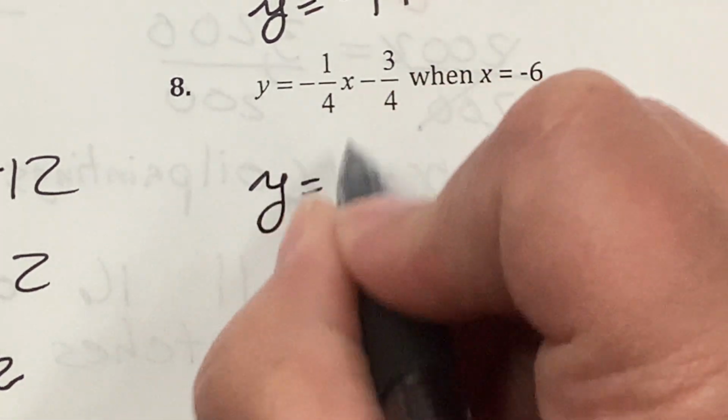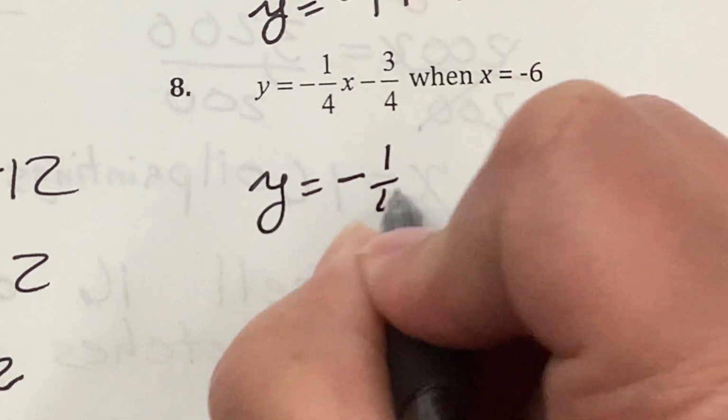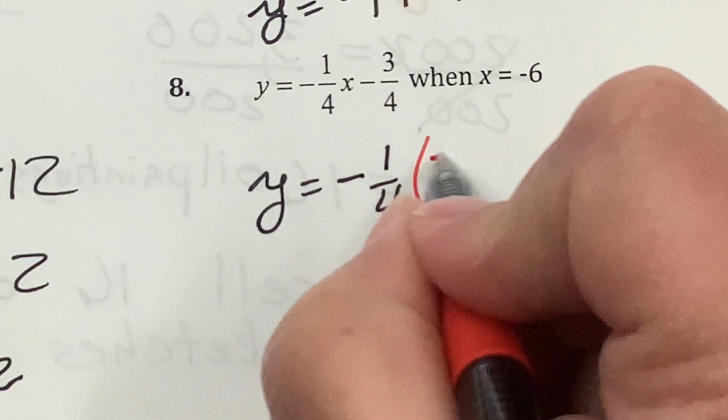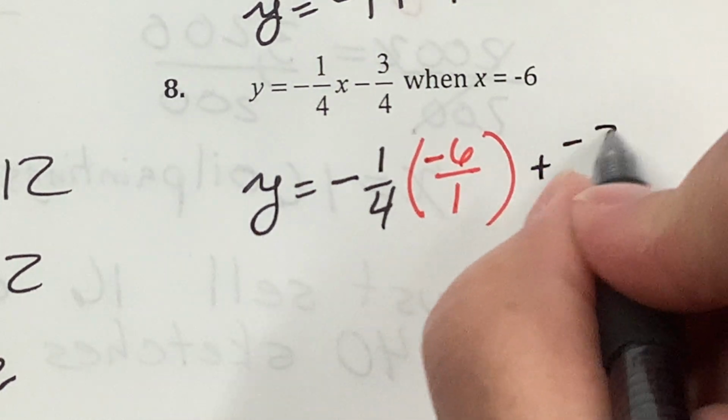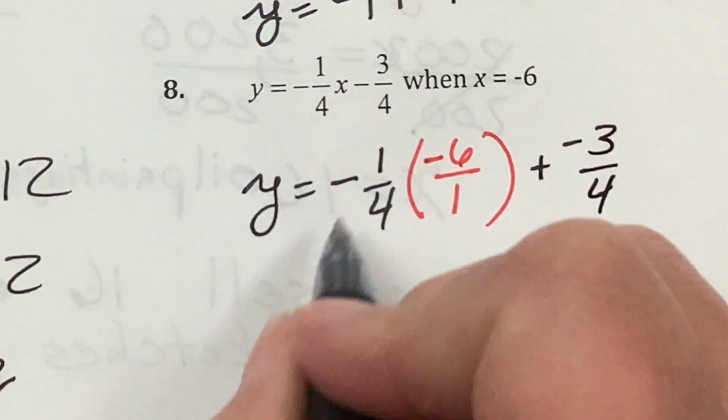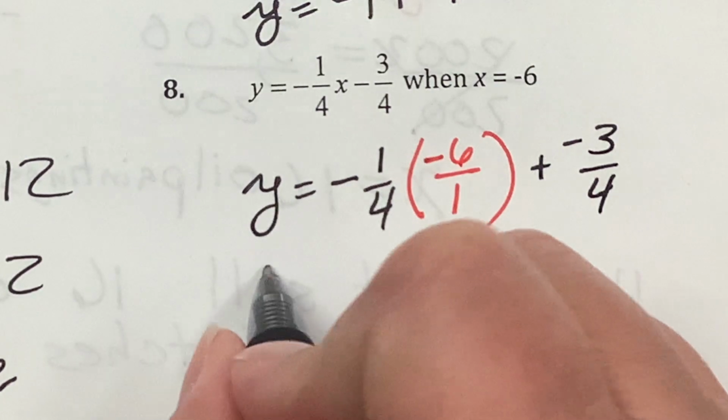Y equals negative 1/4 times negative 6 over 1 plus negative 3/4. Negative times negative is positive.